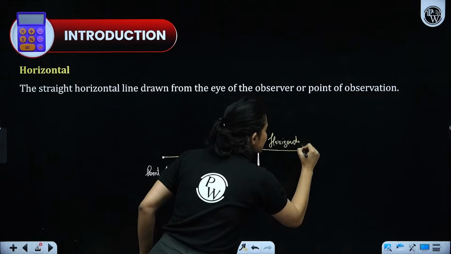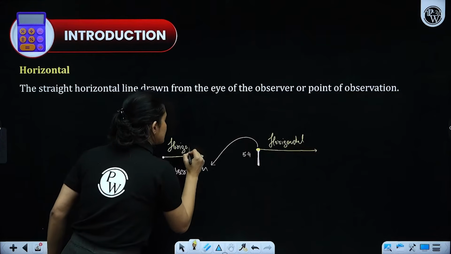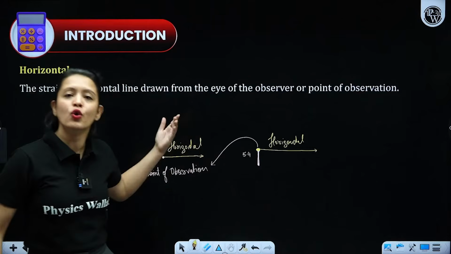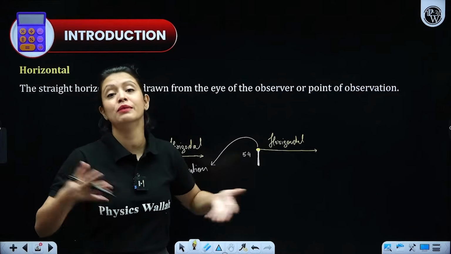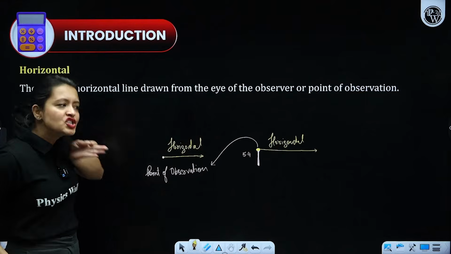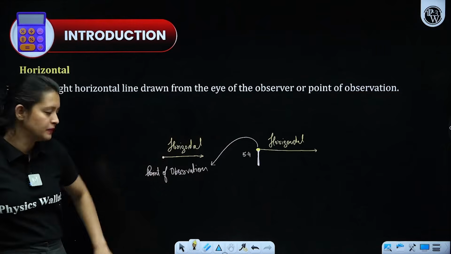These are all basic stuff. A lot of people would be like, ma'am, we don't need to know this, but you need to know this, guys, because a lot of people don't even know these kinds of things, and that's why they are not able to make diagrams. So horizontal is always drawn straight from the point of observation. You can see both the scenarios, right?